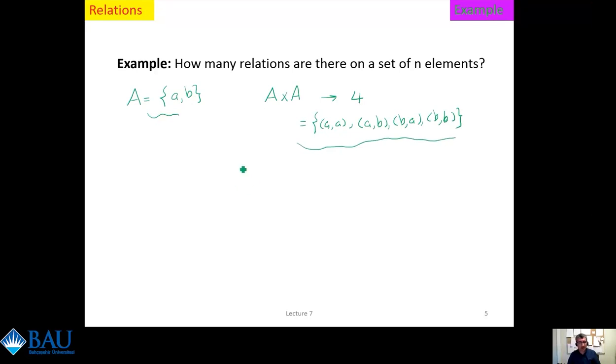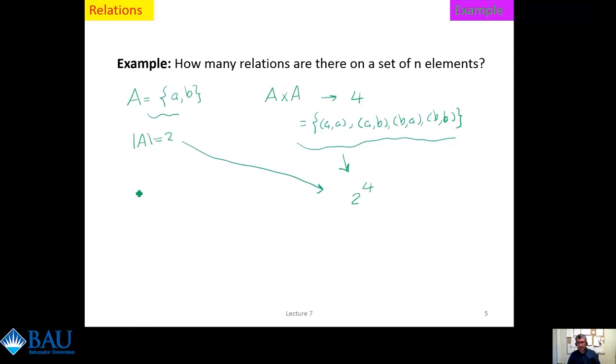Now thinking, how many different relations can we define on a set A? To find a relation, you have to find the Cartesian product and pick up one subset. How many subsets can you take? 2 to the power 4. So in a set A, if you have 2 elements, we have this many relations that you can define on it.